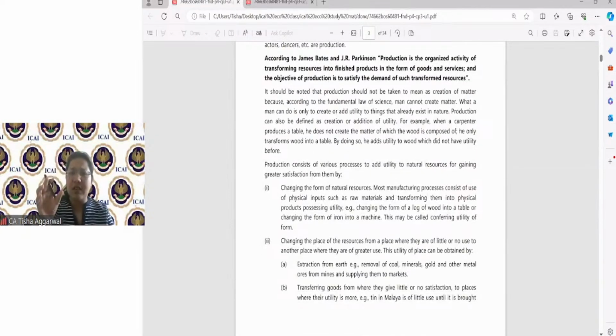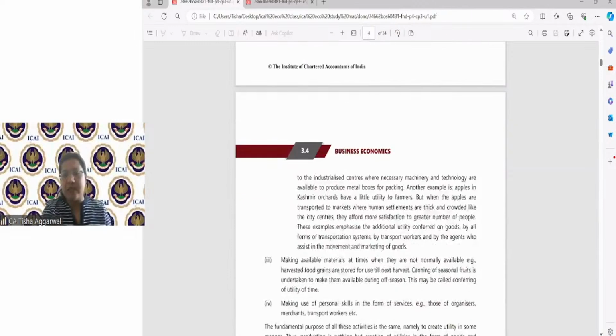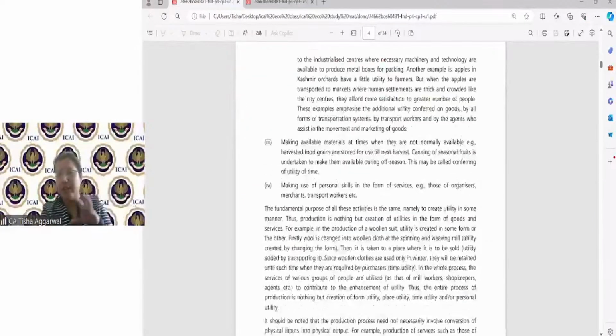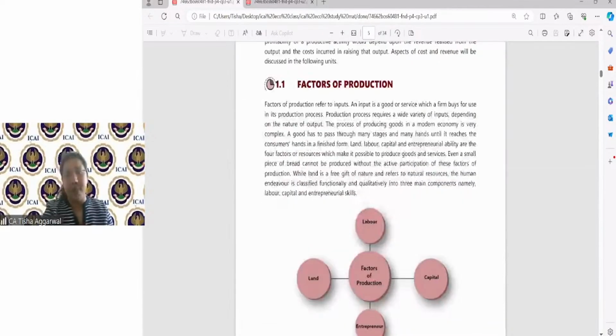We have natural resources, and we convert those natural resources into goods and services. We utilize our personal skills, in the form of service, in the form of goods, in the material, and we give the final output. That whole process is what is known as production.